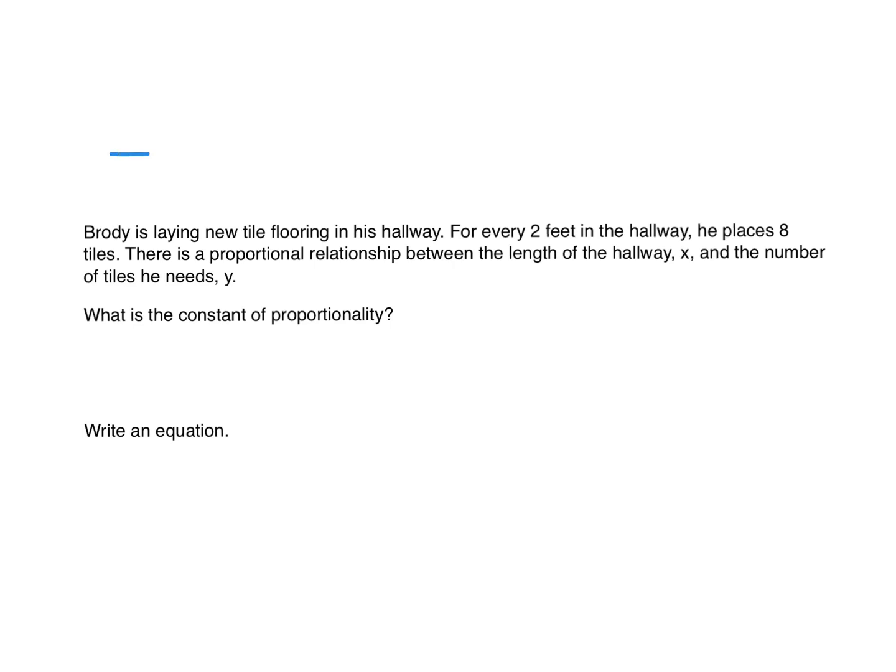All right, to solve this problem, I'm going to make a quick rate table, and it's comparing feet and tiles. And for every 2 feet, he places 8 tiles. So I would want to think about how many tiles he would need for 1 foot. That would be the constant of proportionality that would make most sense.